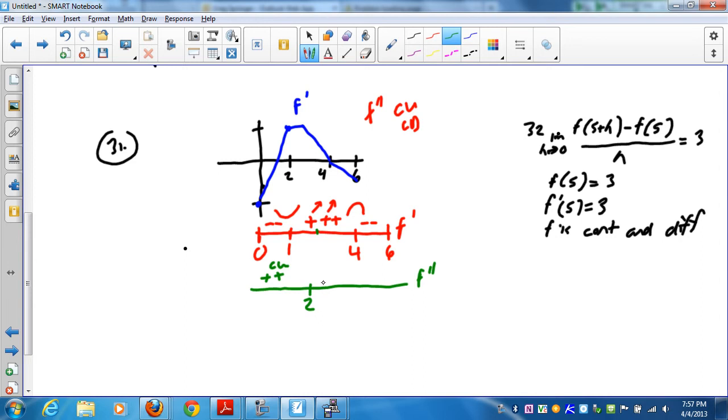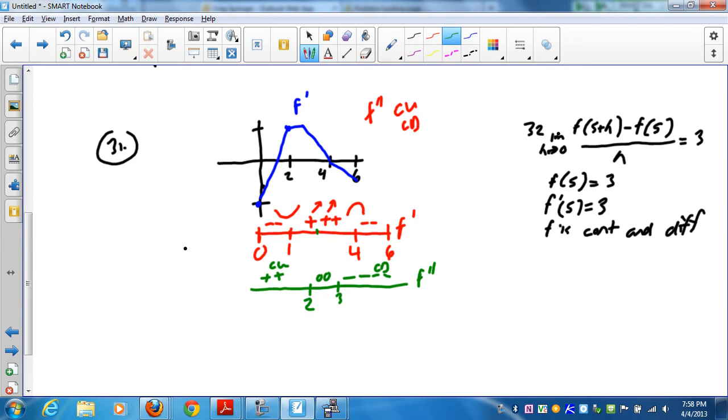Concave up. And then from sometime around 3, it's 0 in here, right? And over here its slope is negative, so it's always concave down. So hopefully that'll help you get set up.